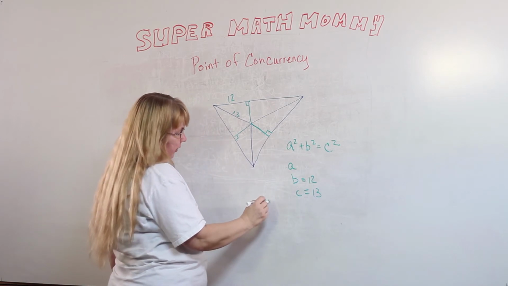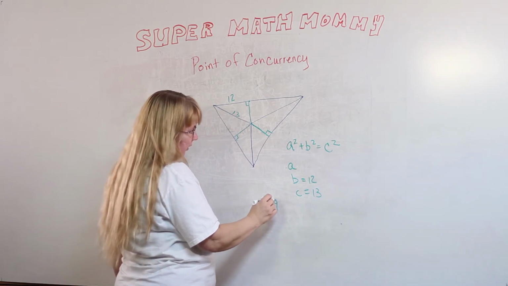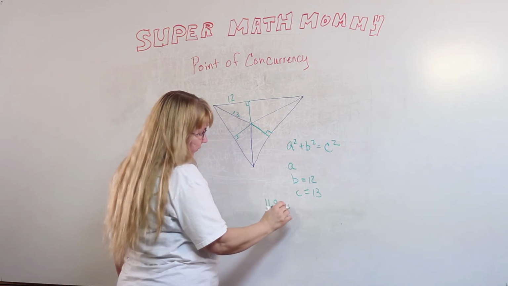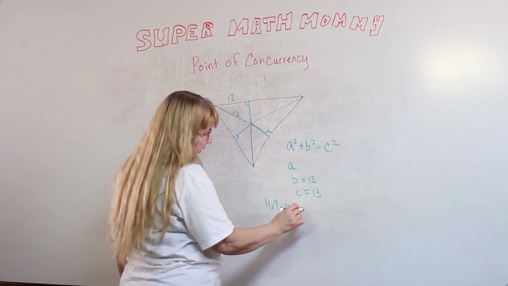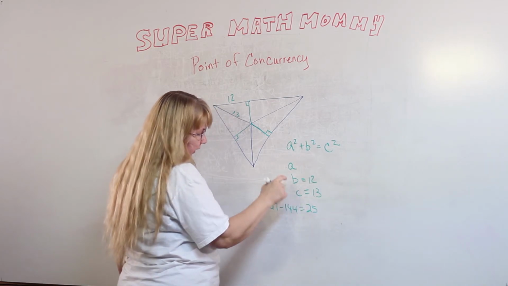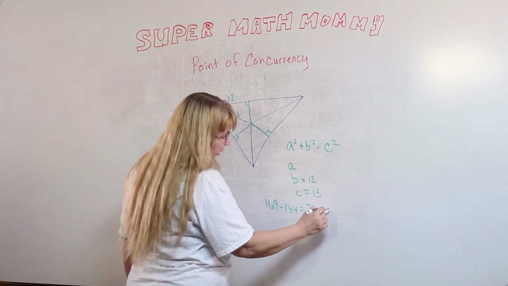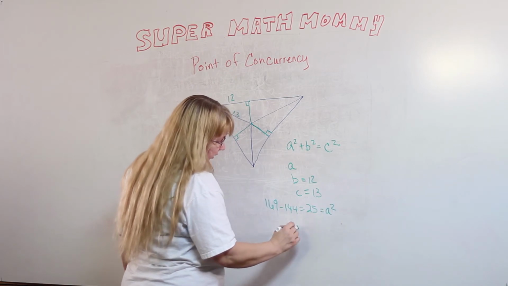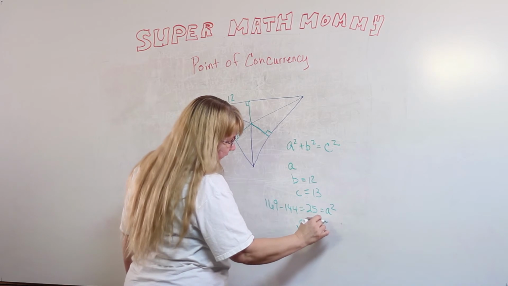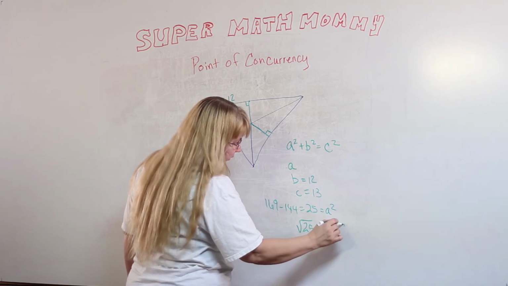So we would have 169. Rearranging the formula, I'm going to subtract 144, and that will give me 25. And then solving for a, because this is equal to a squared, I have to take the square root of 25, which gives me 5, which is equal to a.